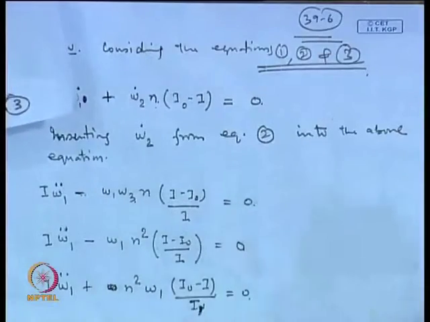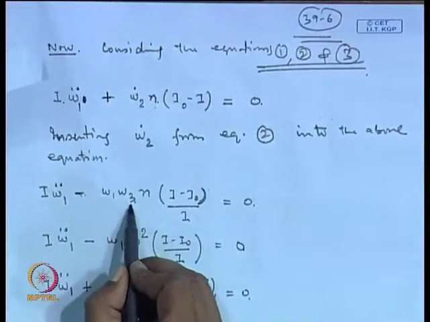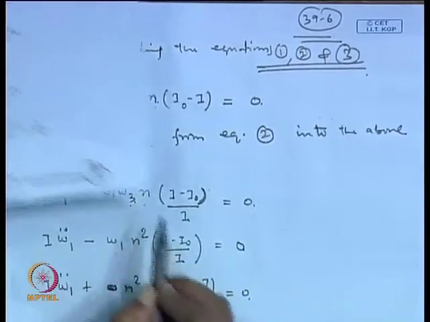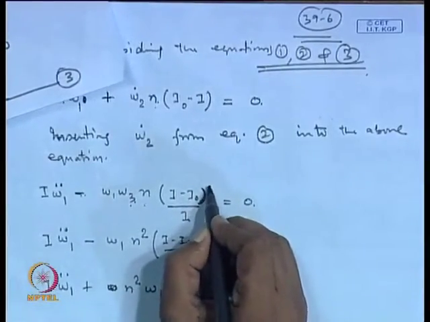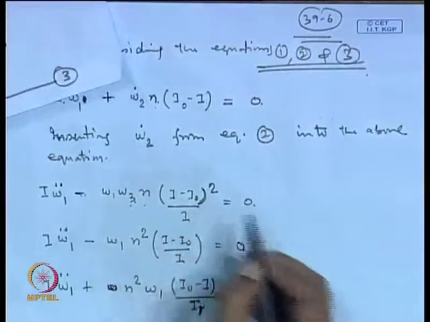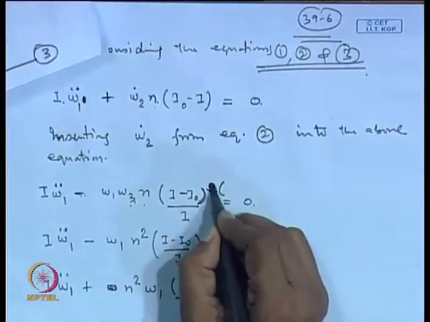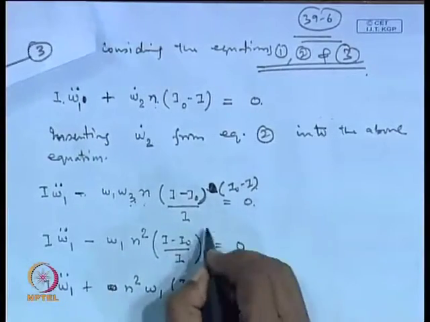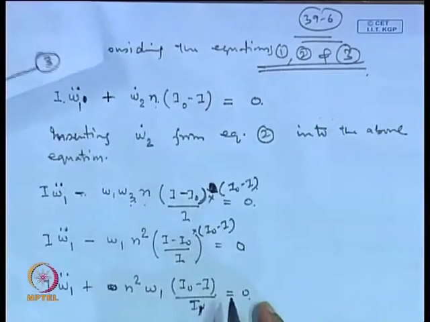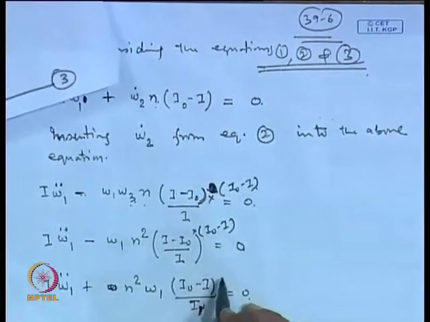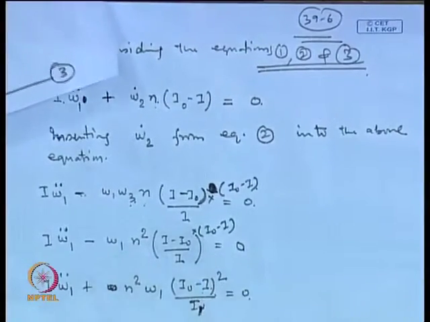So, we need to multiply here one more term. Omega 1 omega 3 times n, that we replaced from this place, and I minus I 0 we need to bring in this place. So, we will put here I minus I 0 times I 0 minus I, multiplied by I 0 minus I. While we are putting it in this format, this term will become a square.